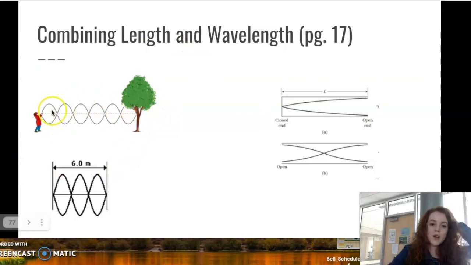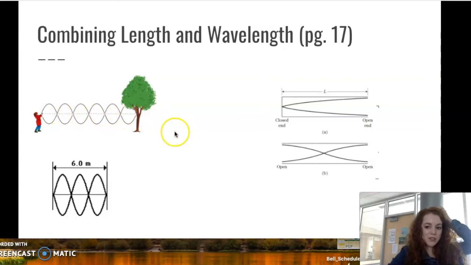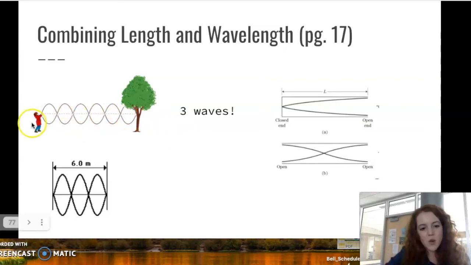Okay, this first one, we've got 1, 2, 3, 4, 5, 6 bubbles, which means 3 waves. Or if you're tracing, that means 1, 2, 3. Just stick with one of the lines. This one is 1.5.